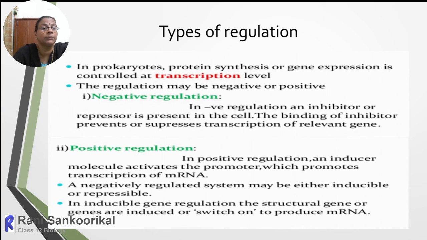That is taking place in the presence of glucose. So the presence of glucose can inhibit the lac operon, and that can stop the transcription of mRNA for lactose utilization, and as a result the translation and all cannot take place.